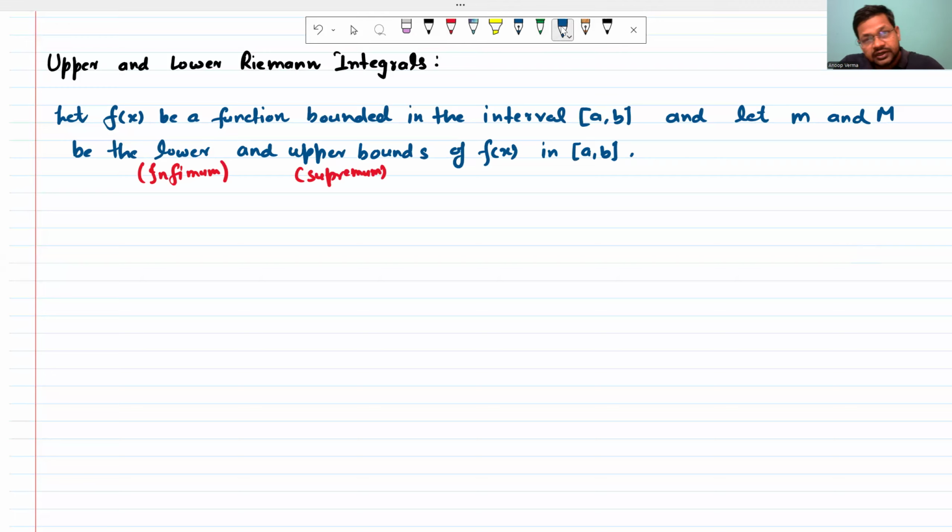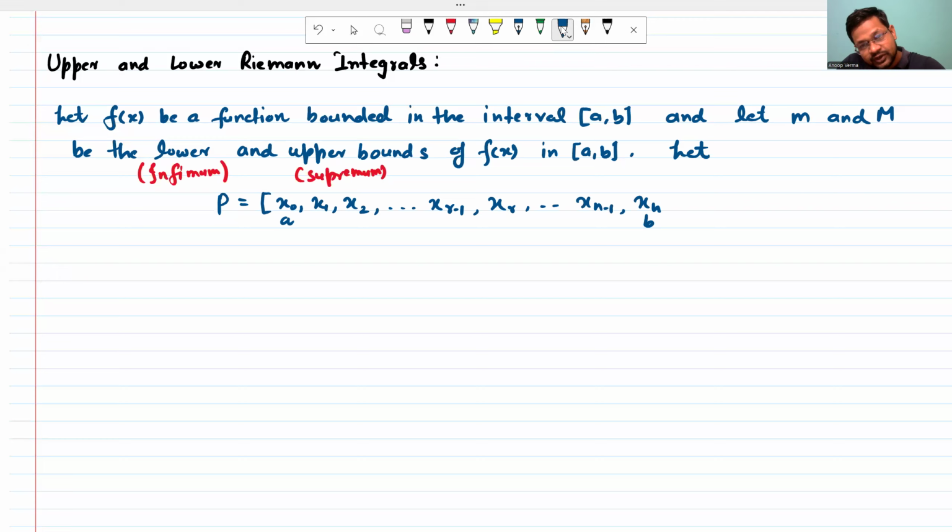So let P be the partition, which looks like this: x0, this is the point a, x1, x2 up to x(r-1), xr point is here, and this is x(n-1) and xn.